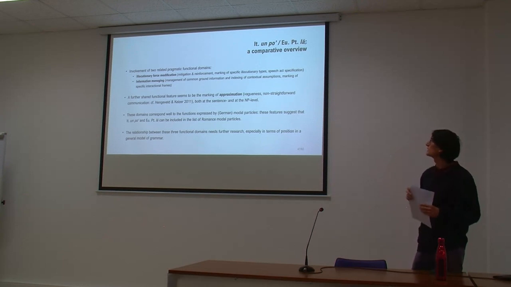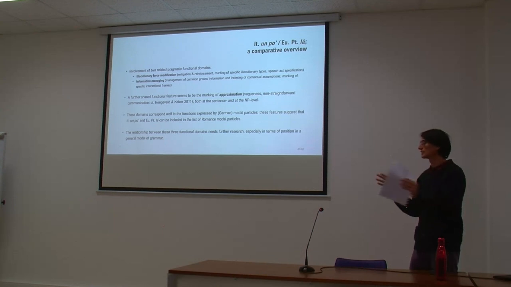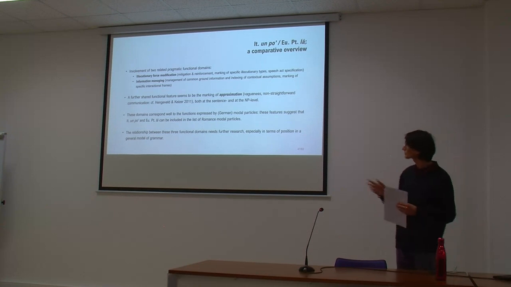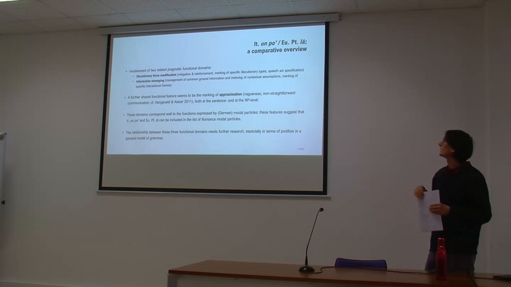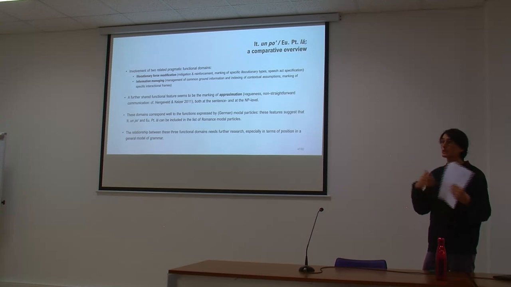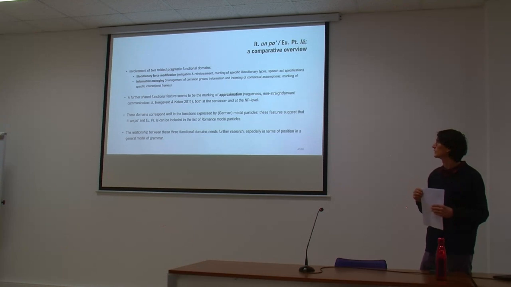The first category refers to something like mitigation and reinforcement of the illocutionary force, the marking of specific illocutionary types, such as hortative, or specification of illocutionary types, a directive that is marked as a request or as an exhortation. The second category indicates rather the management of common ground information, contextual assumptions, and the marking of specific interactional frames.